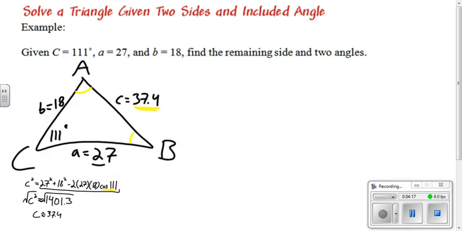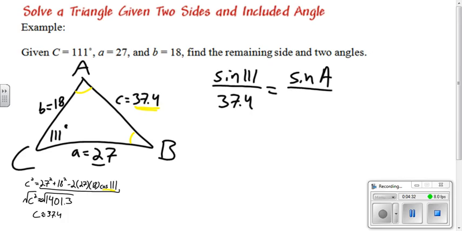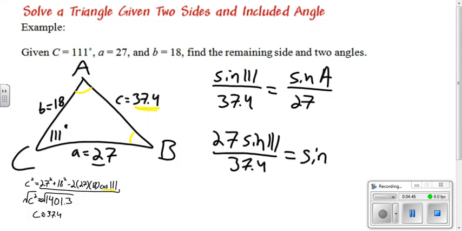At this point, we could just go back to using the law of sines, in which case we can say sine of 111 over 37.4 equals sine of a over 27. Solving then for a, multiply 27 across to get 27 sine 111 over 37.4 equals sine a.